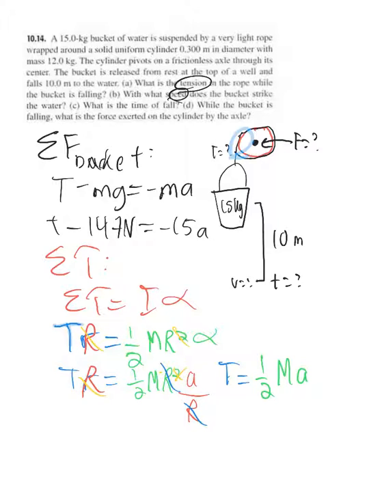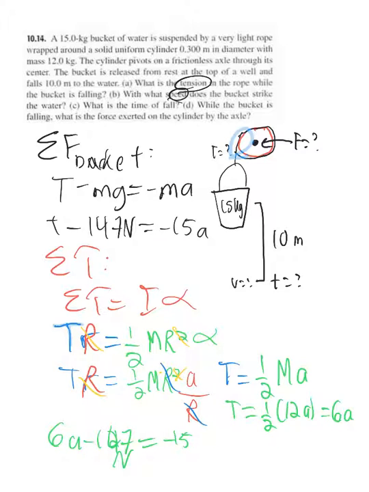And if we put all the numbers in it, T equals 1/2, and this is a 12A or 6A. I think 12 kilograms is the actual mass of the cylinder. We can plug it in up there. So we have 6A minus 147 newtons equals negative 15A.